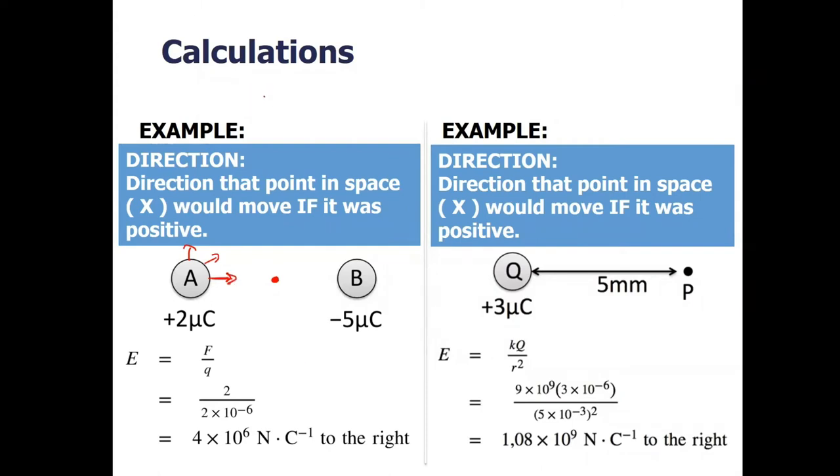So if I draw a free body diagram of that, A would give you a field to the right. B is a negative field, so the field radiates inwards. So if I look from this perspective, I'm looking at an arrow also pointing to the right. So there are two fields to the right, which means I would add those two fields together to get the resultant field in the middle.